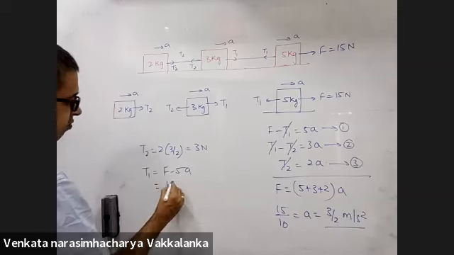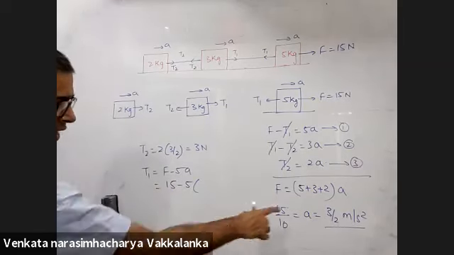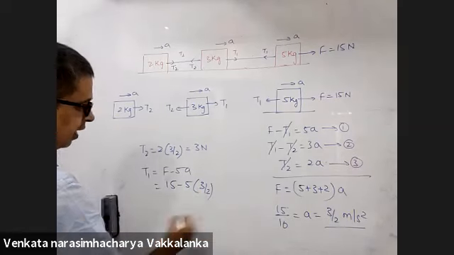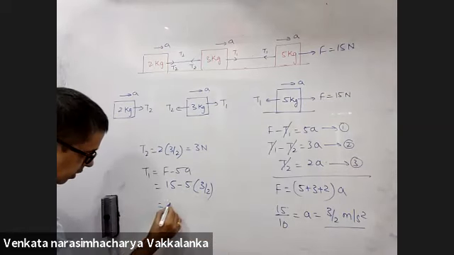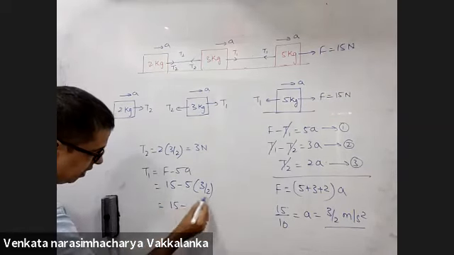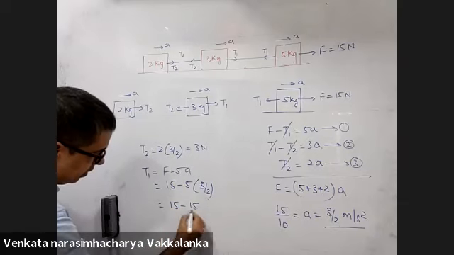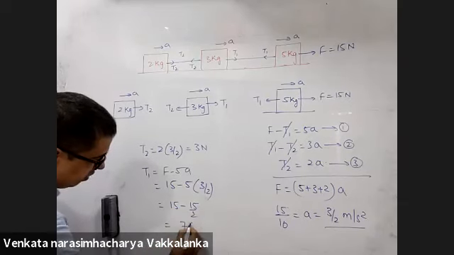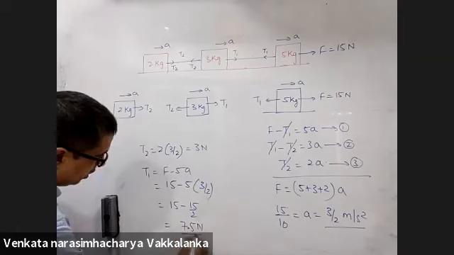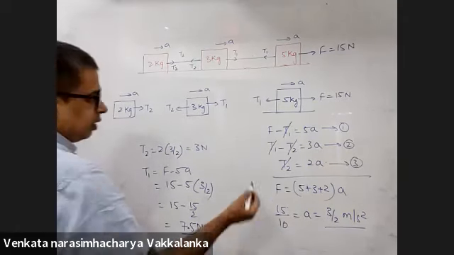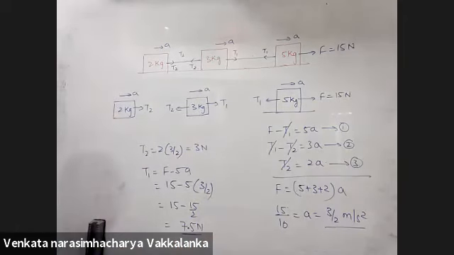F is 15 Newton. What is the acceleration? 3 by 2. Acceleration is 3 by 2. 15 minus 15 by 2, 7.5 Newton is T1.